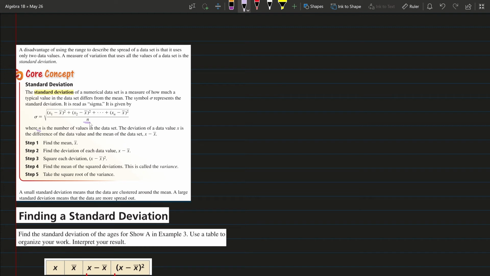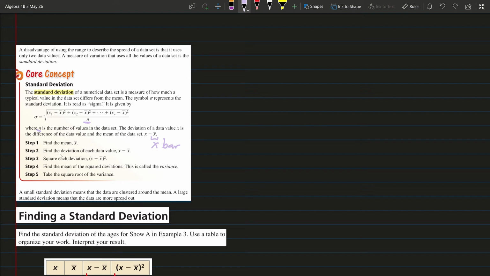All right? The deviation of a data value, x, is the difference of the data value and the mean of the data set. So x minus x bar. Notice this one is x bar right here. The very first step is to find the mean, or x bar.